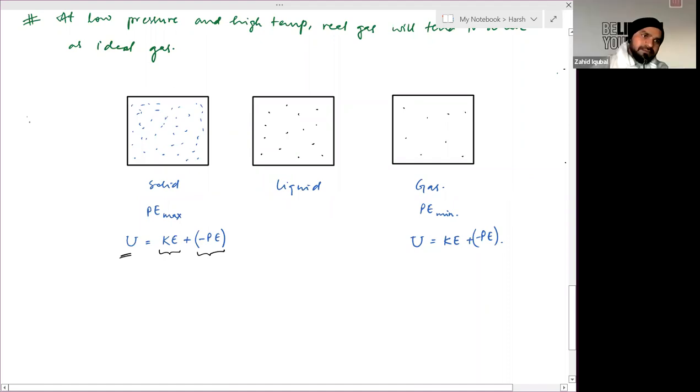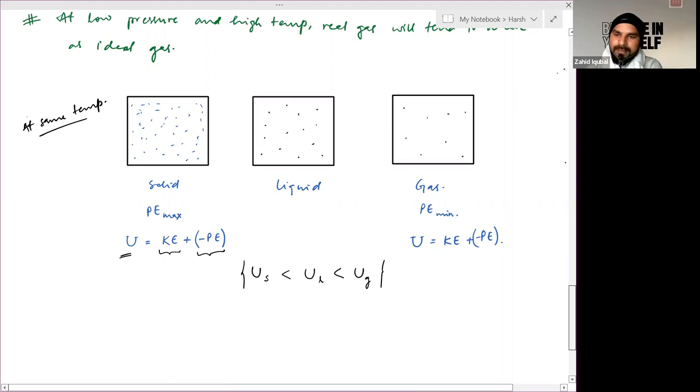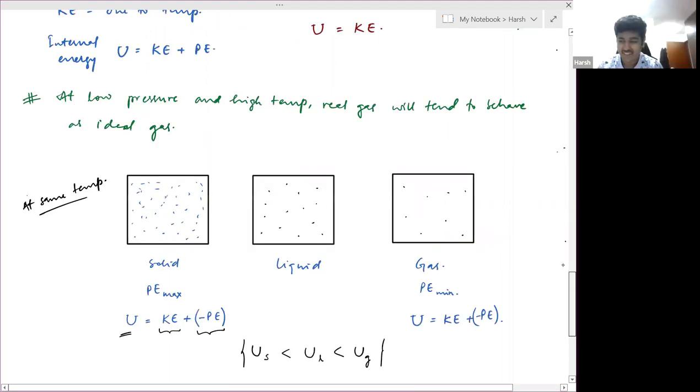Then I was correct. So from this we can say internal energy of solid will be the least, then liquid, and it will be maximum for gas. Okay, so my reason was also correct.